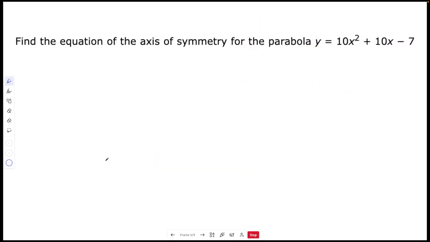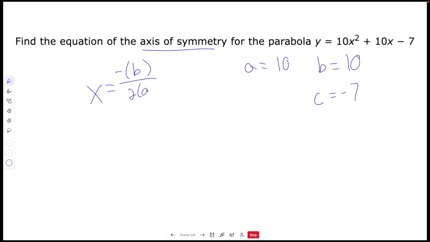All right, for the axis of symmetry, again, let's start with A equals 10, B equals 10, C equals -7. The axis of symmetry is a formula, and the formula is x equals negative b over 2 times a. And now we're going to plug in.